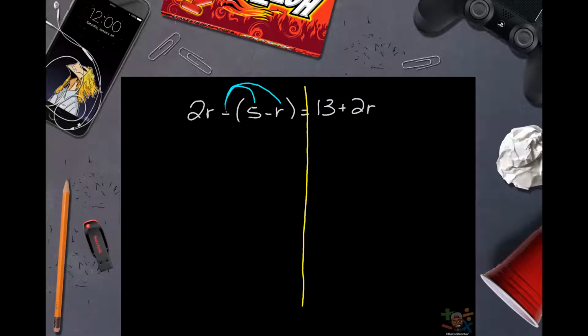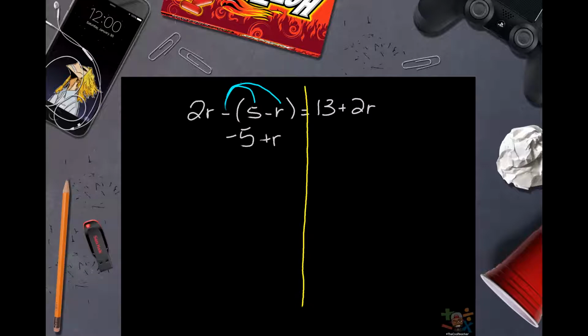I'm going to distribute the negative to 5, so it's a negative times 5, or -1 times 5. It's going to give me a -5. And when I distribute the negative to a negative r, I'm going to get a positive r. If you remember your rules when you multiply, a negative times a positive, because this is a +5, gives me a negative.